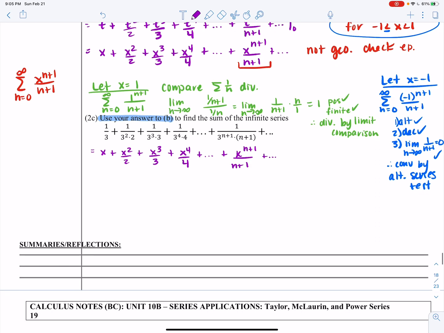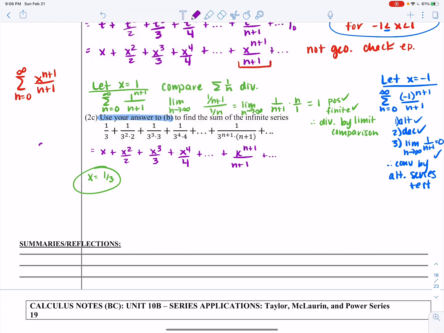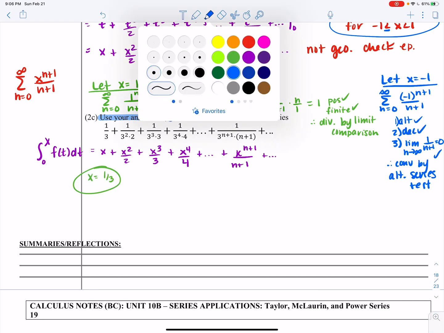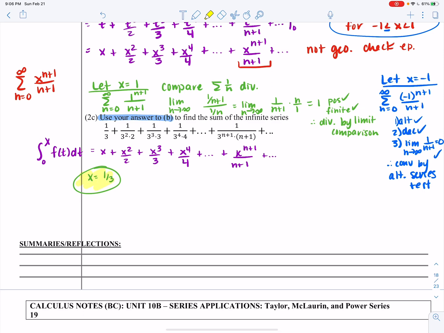It looks like x is 1/3. Well, remember what this is equal to. This thing was equal to the integral from 0 to x of f of t dt. So if x is equal to 1/3, I probably should use a different highlighter color. There we go. x is equal to 1/3. That means I need to plug in x right there.